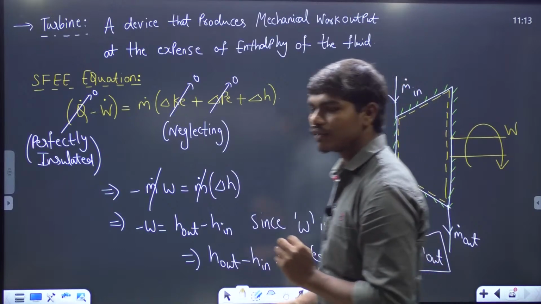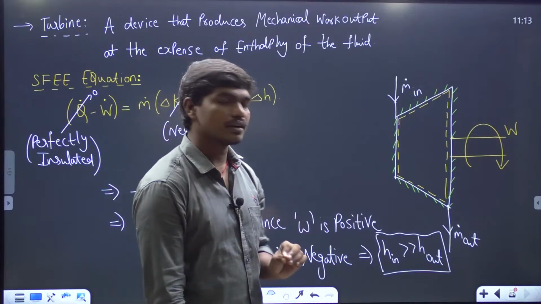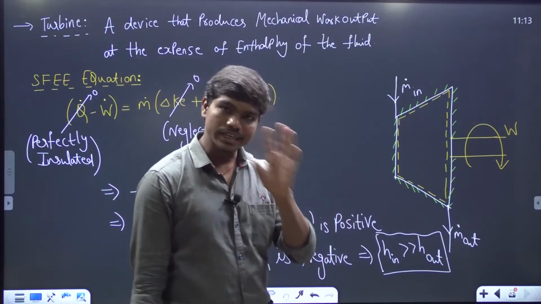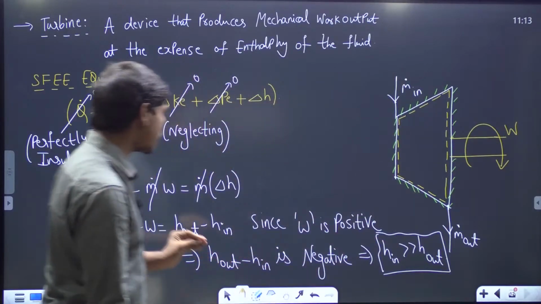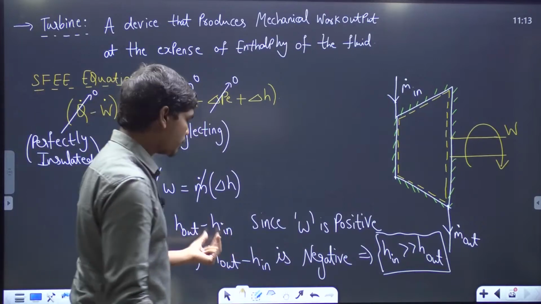So did you all understand why, for a turbine equation, the work done by an isentropic turbine? We'll talk about what entropy is in the next chapter. But for a perfectly insulated turbine undergoing a reversible process, did you understand why the work output of the turbine is equal to H in minus H out?